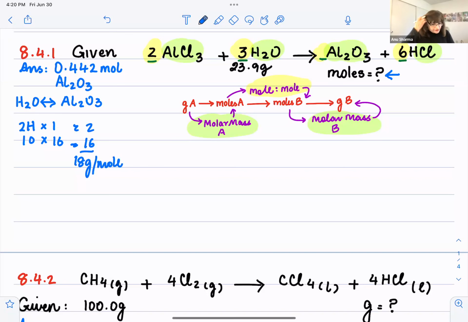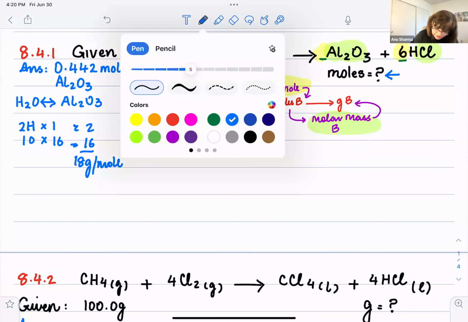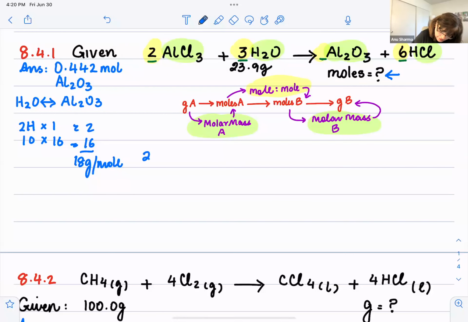Okay, now let's write down what is given to us. 23.9 grams of H2O is given. First, convert that to moles: 23.9 grams of H2O times 1 mole of H2O over 18 grams of H2O.